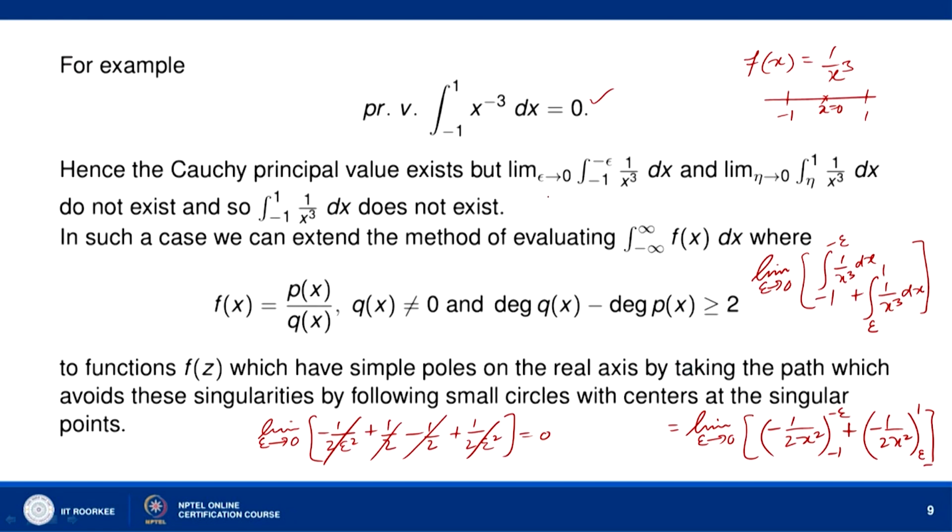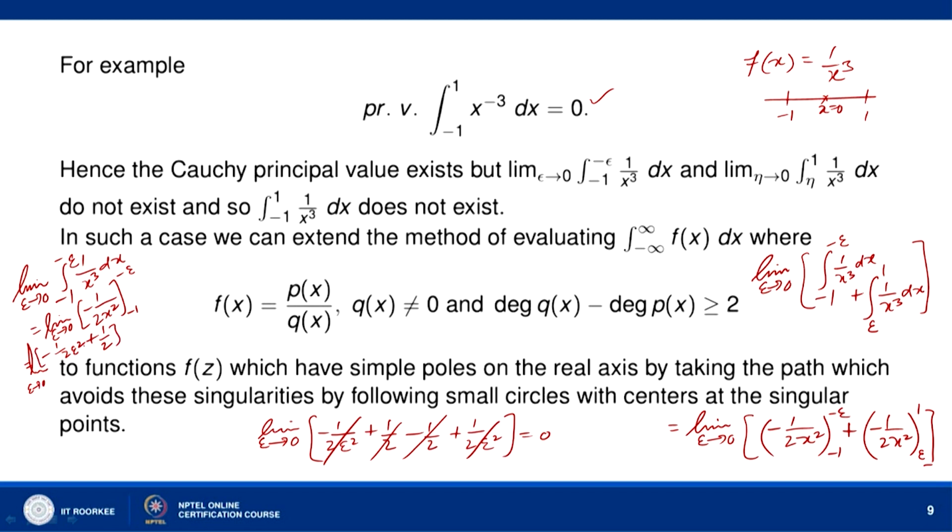Let us see that limit epsilon tends to 0 of integral minus 1 to minus epsilon 1 by x cube dx will be equal to, when you put the limits, minus 1 by 2 epsilon square plus 1 by 2, and you take the limit as epsilon tends to 0.